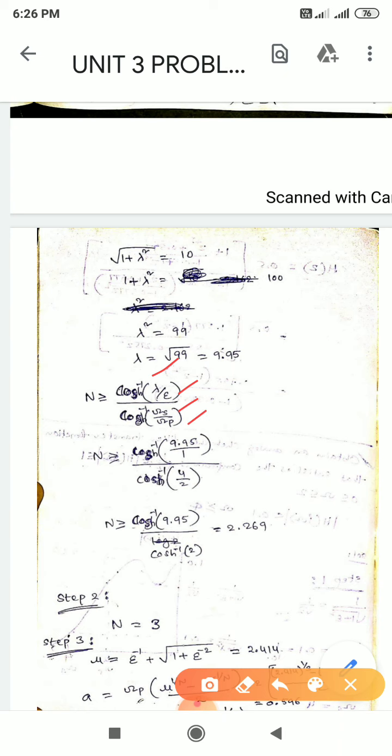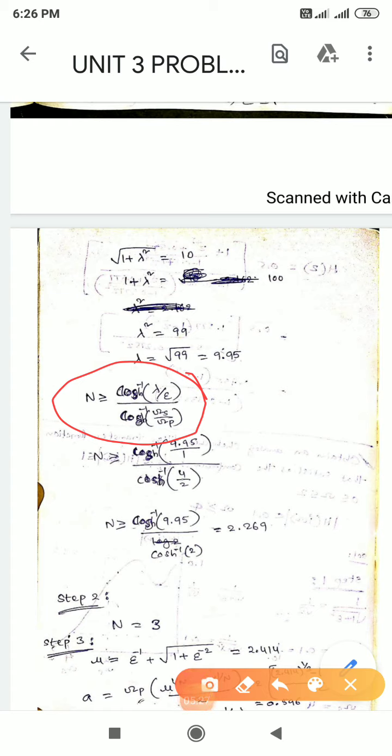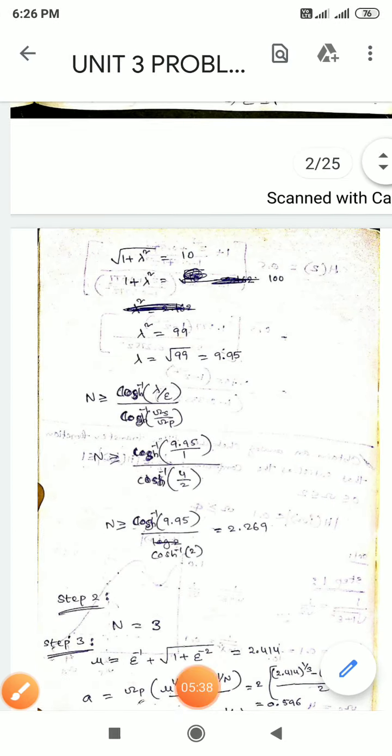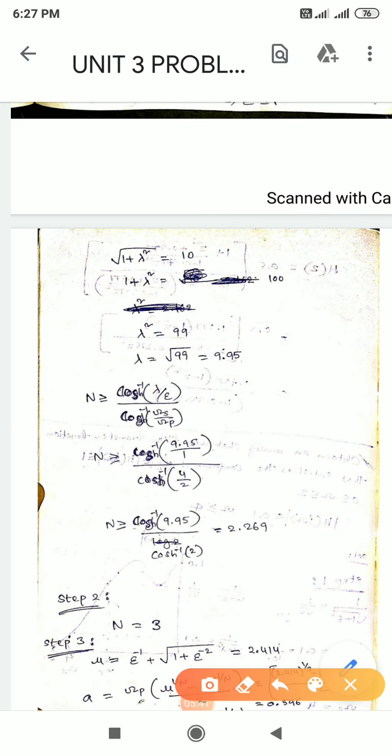How to calculate N? We calculate the order of the filter using this formula: N is greater than or equal to cosh inverse of lambda by epsilon, divided by cosh inverse of omega s by omega p.